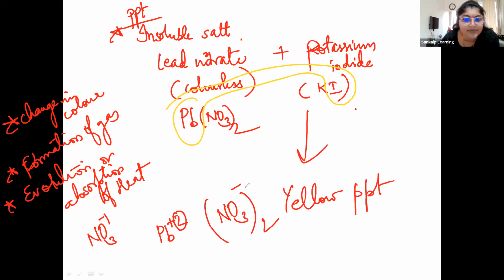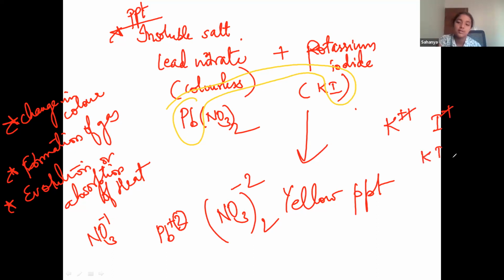Because this is +2, +2 and -2 make the overall charge on the molecule 0. Now KI: potassium is +1, iodide is -1, +1 and -1 cancel, so it will be KI.